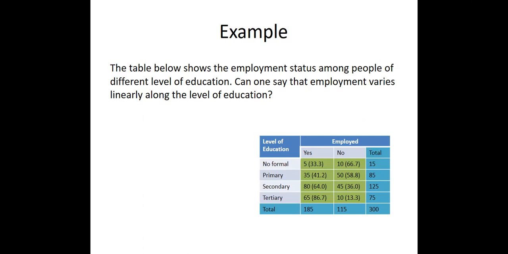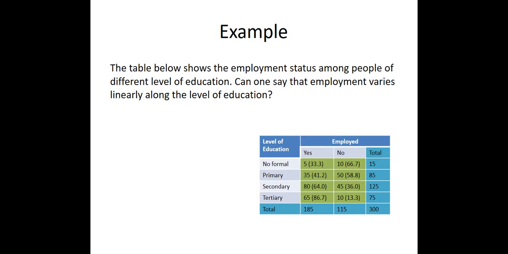Sometimes you may see some break. Maybe this one is 33, this one is 41, you may have 50 before you get to 80 something. Or you may even have 30 or 39, maybe that's just a small break. Or the primary will be lower than no formal education, somehow.